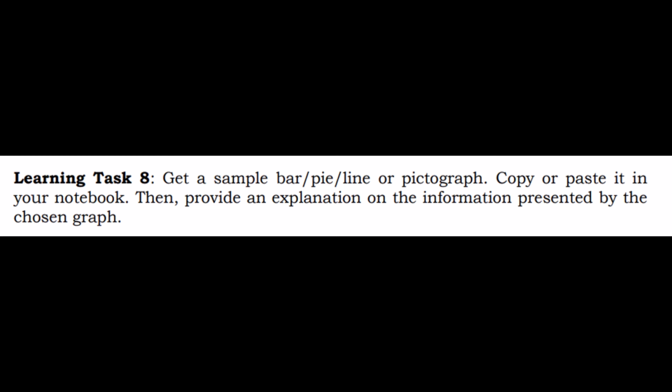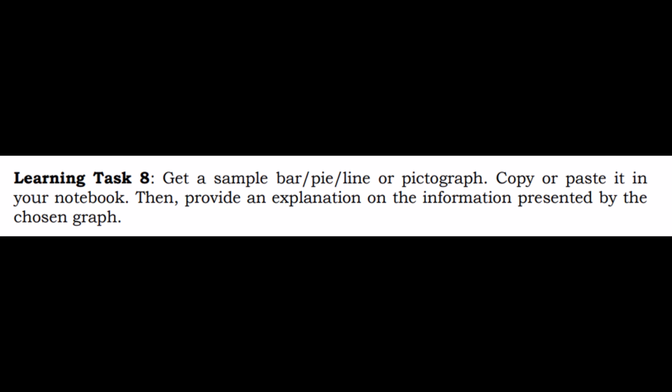Last task, learning task 8. Get a sample bar, pie, line, or pictograph. So you have to look for a graph from Google or internet and then copy or paste it on your paper. So you may draw it or you may just print it out or you may just copy it by writing down.